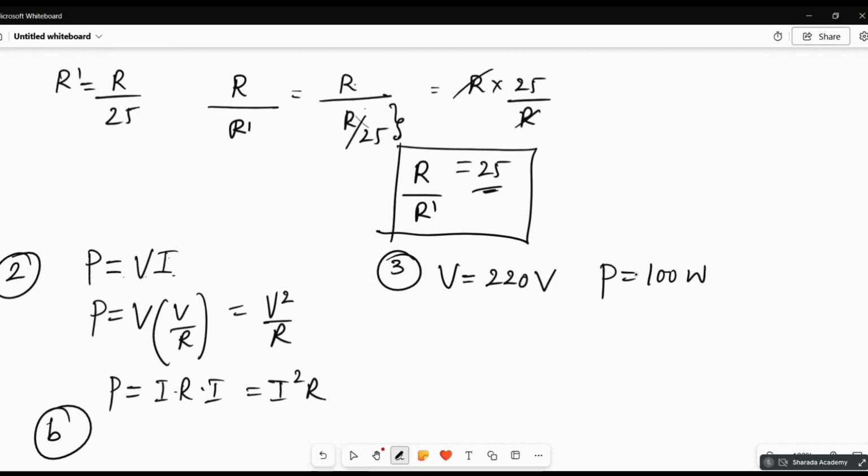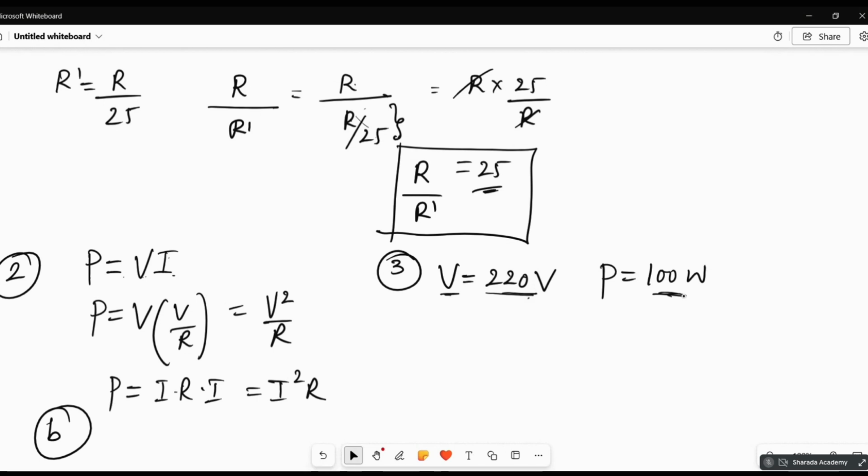When they tell 220 volts, it is rated 100 watts, that means when the voltage applied to the bulb is 220 volts, it will take a power of 100 watts.